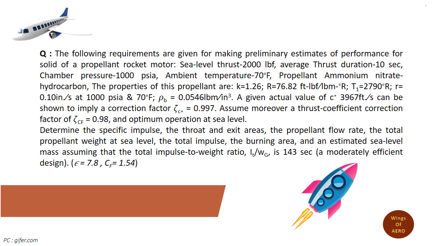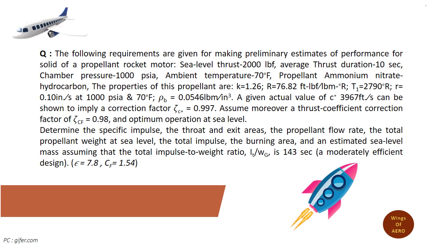The properties of this propellant are k is equal to 1.26, capital R is equal to 76.82 foot-pound force per pound mass degree Rankine, T1 is equal to 2790 degree Rankine, r is equal to 0.10 inch per second, and rho suffix b is equal to 0.0546 pound mass per inch cube.